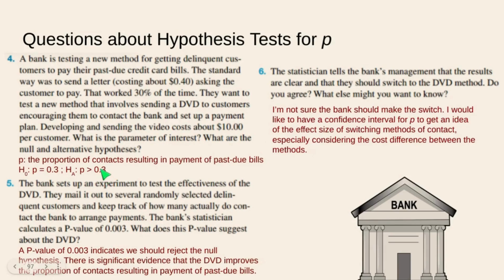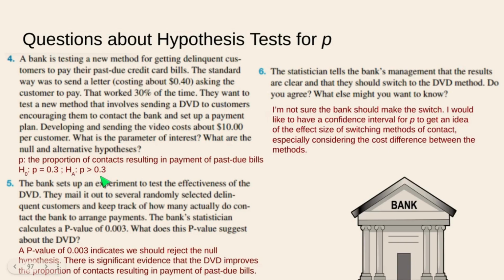Now this alternative hypothesis, which we sided with after doing number 5, is very, very likely true. With a p-value of 0.003, it is almost guaranteed true. So that means the proportion is significantly greater than 0.3, but what does significantly greater look like? I would really like a confidence interval for P to get an idea of where the true proportion lies.